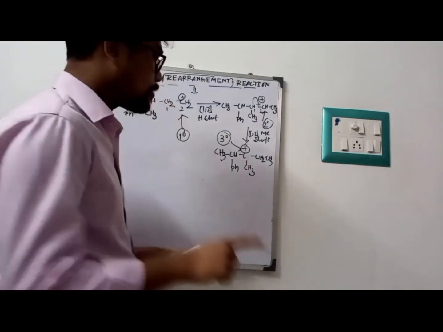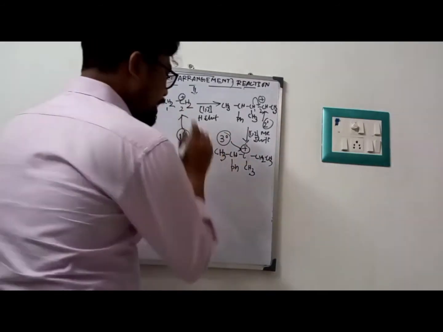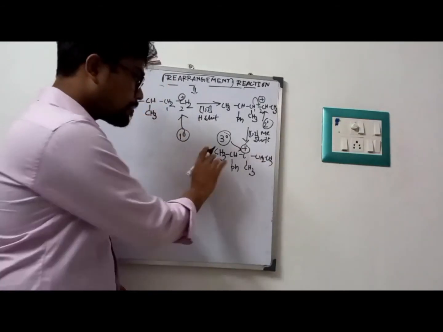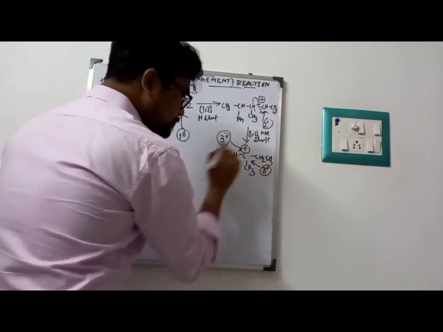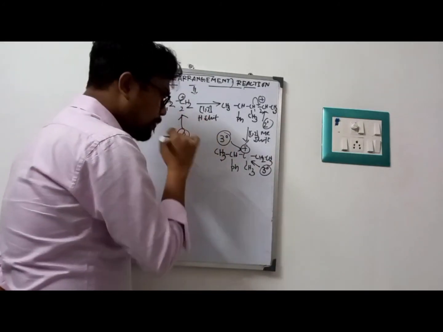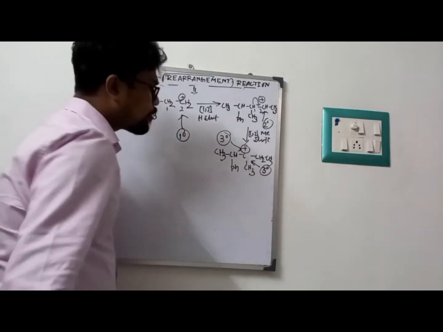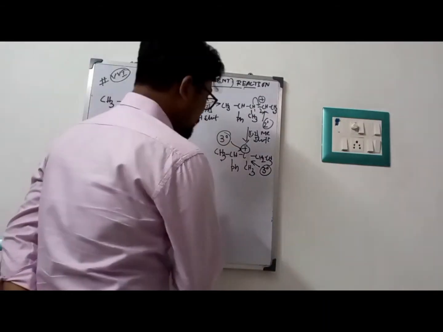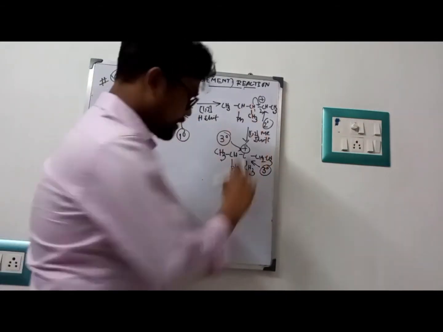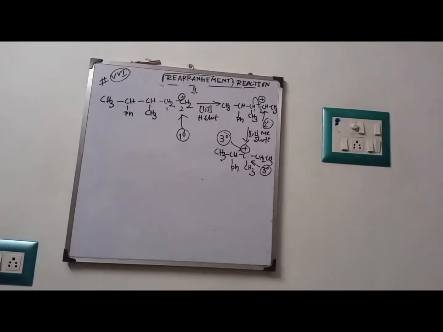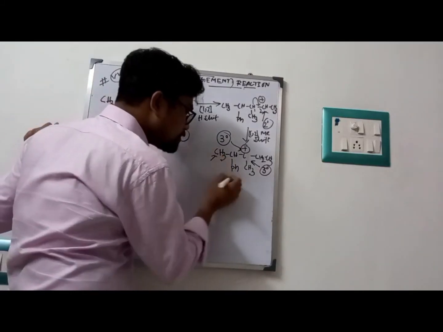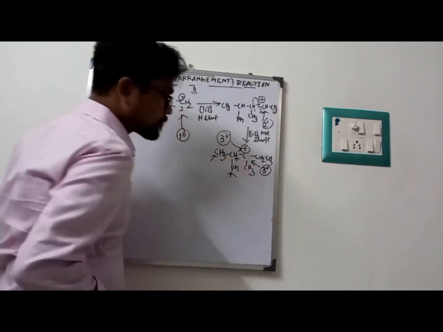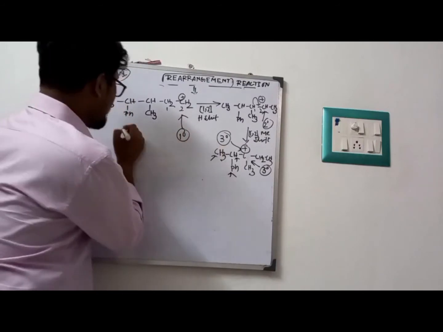I will say yes. Look very carefully. Okay, this is a 3 degree carbocation. There is no doubt about this. There are 3 things here: 1 CH3, 1 Ph and 1 H. So what was our migratory aptitude?